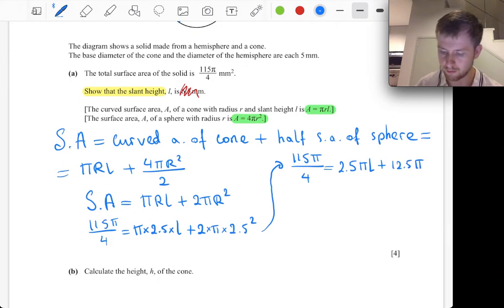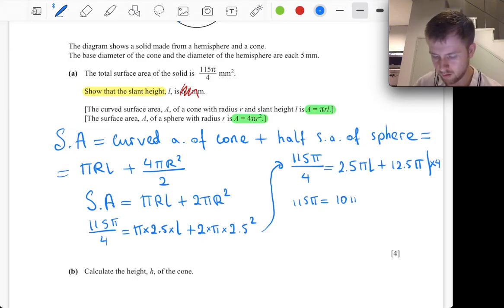Now let's multiply both sides by 4 to get rid of this fraction. So we're gonna get 115 pi equals, so 10 pi L plus 50 pi. Now let's do minus 50 pi first.